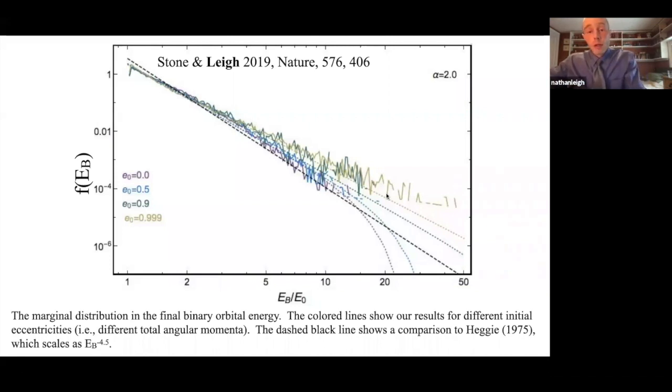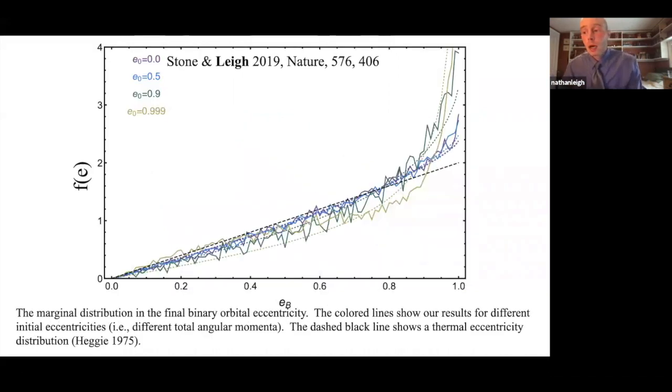But one really cool thing that came out of this is the final distribution of binary orbital eccentricities post-interaction. Again, we have the probability of obtaining a binary in any given bin in orbital energy.